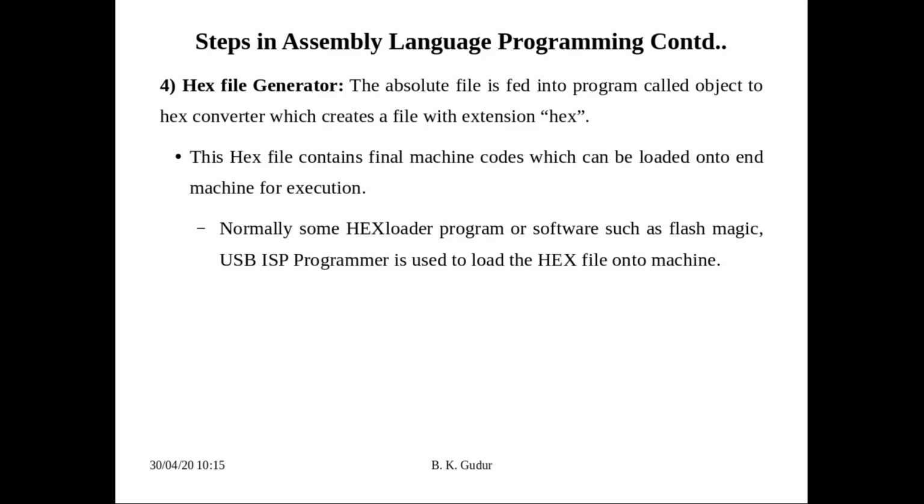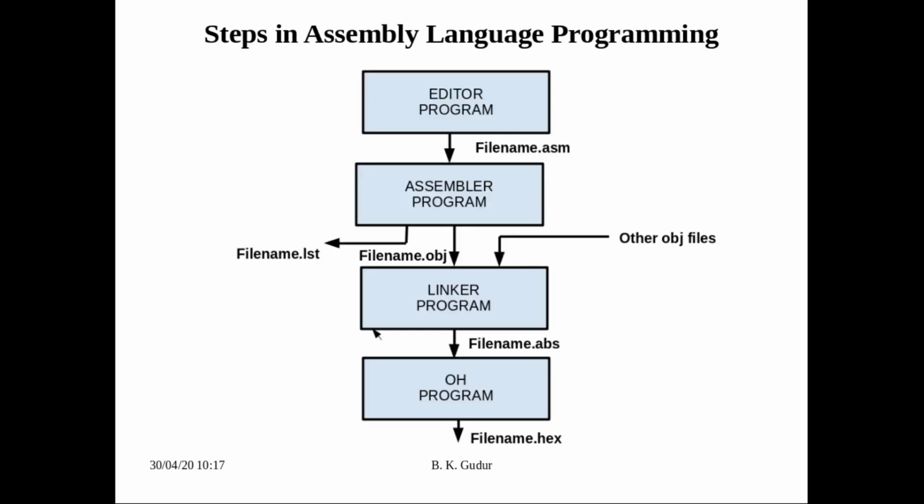These are the 4 different steps which will be there in assembly level programming. The first one is editing using an editor program. The second one is assembling. When we start assembling, it will contain the assembler program, the linker program, and the object to hex converter program. If we are using a simulator, we don't use the OH program. The linker program itself will produce an absolute file, and that file can be directly executed on a simulator.